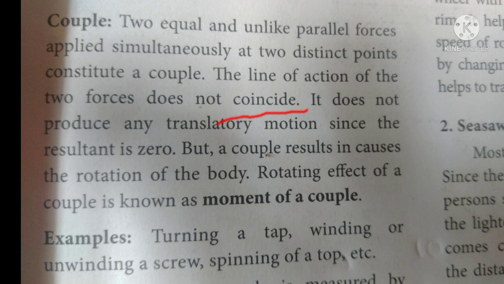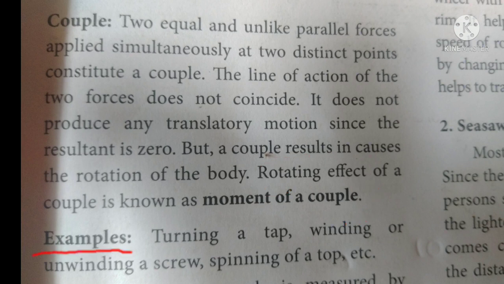It does not produce any translatory motion, so this couple will not move in a translatory direction. Why? Because the resultant is 0. The two forces are equal and act in the opposite direction, so the resultant force is 0. So a couple causes what motion? Rotatory motion. The rotating effect of a couple is known as the moment of a couple.